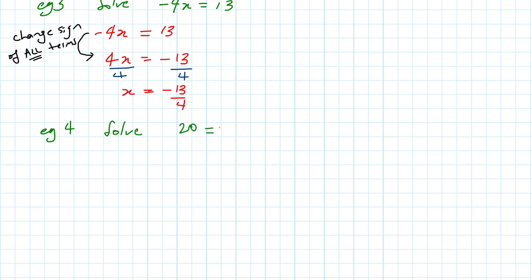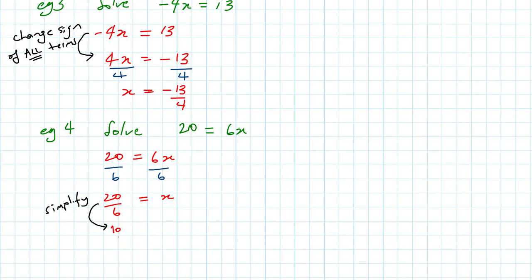Example 4. This time, the equation has been written the other way around. So 20 equals 6x. But we do the same thing. We still divide by 6. We divide by the number of x's to get x left on its own. We're left with 20 over 6, which can be simplified to become 10 over 3. So x equals 10 over 3.